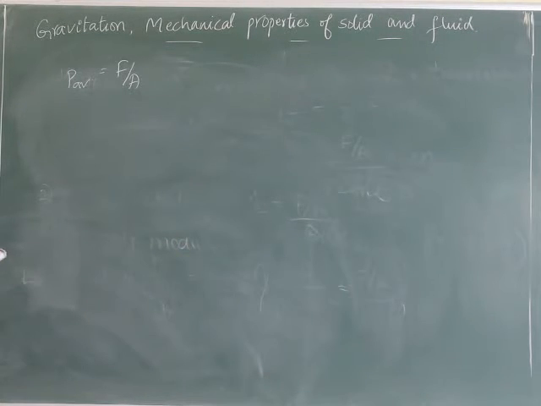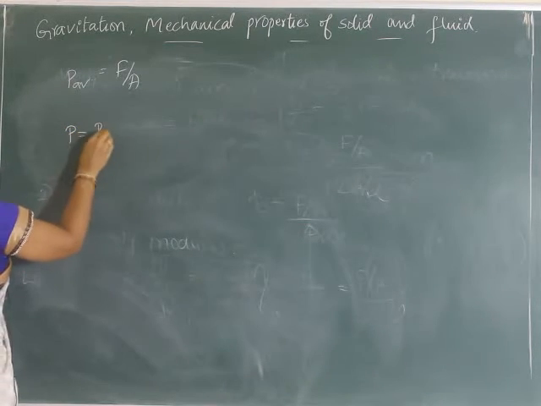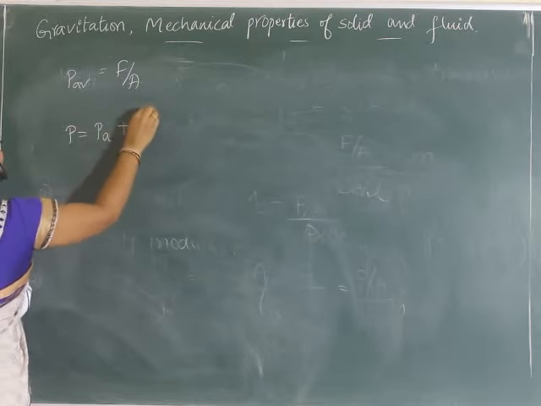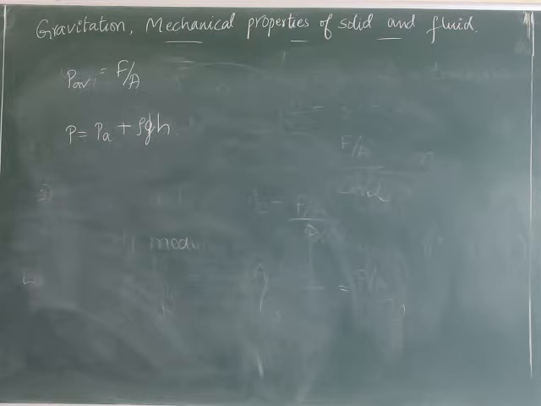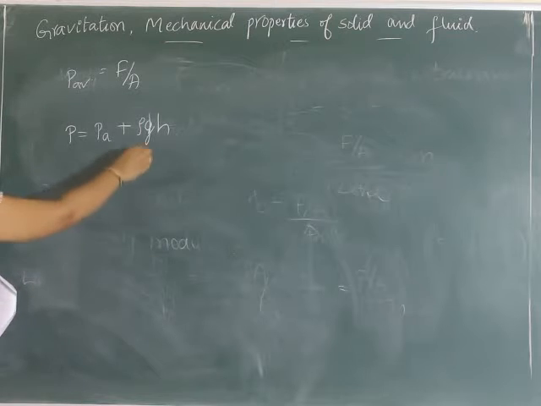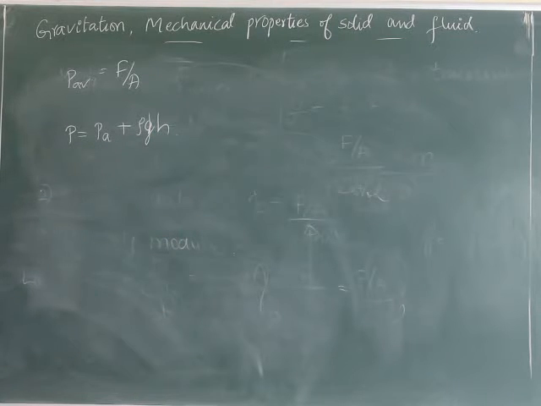Then in case of gauge pressure, the expression is P is equal to PA plus rho GH. PA is the atmospheric pressure, rho is density, G is acceleration due to gravity, and H is the height. This will give you the value of the hydraulic pressure or the gauge pressure.